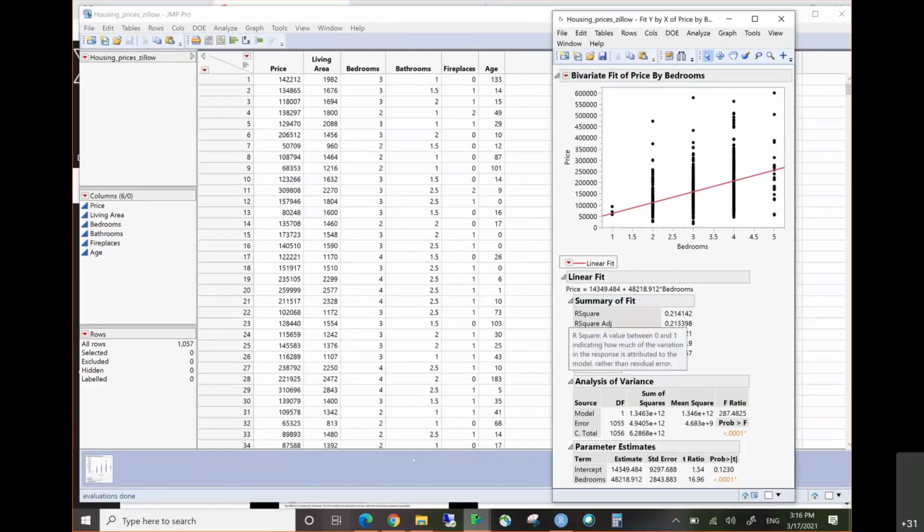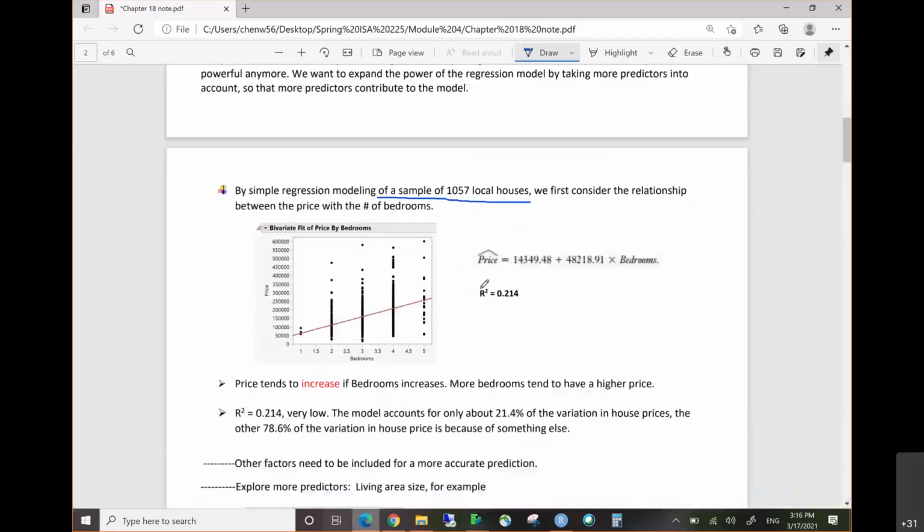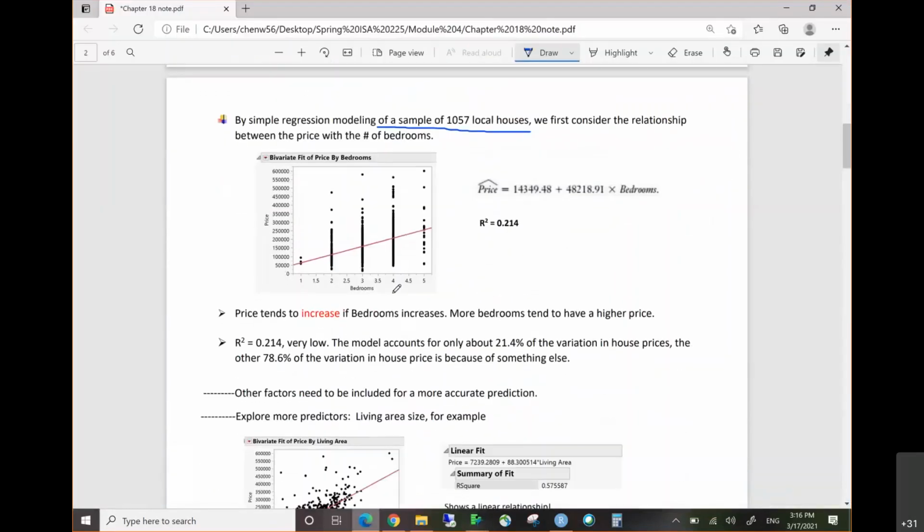All right, so now let's come back to our notes. I just made a screenshot of our results. So this is the equation, with the R square being 0.214. It's kind of low, right? It is a very low R squared.